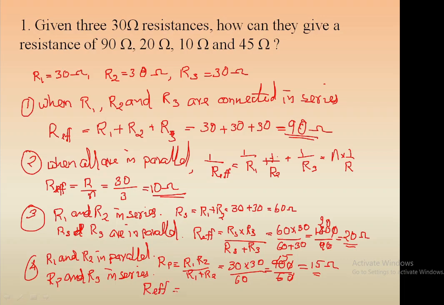R effective is equal to Rp plus R3, that is equal to 15 plus 30, that is equal to 45 ohm. So we can obtain the desired values of the resistance: 90 ohm, 20 ohm, 10 ohm and 45 ohm.